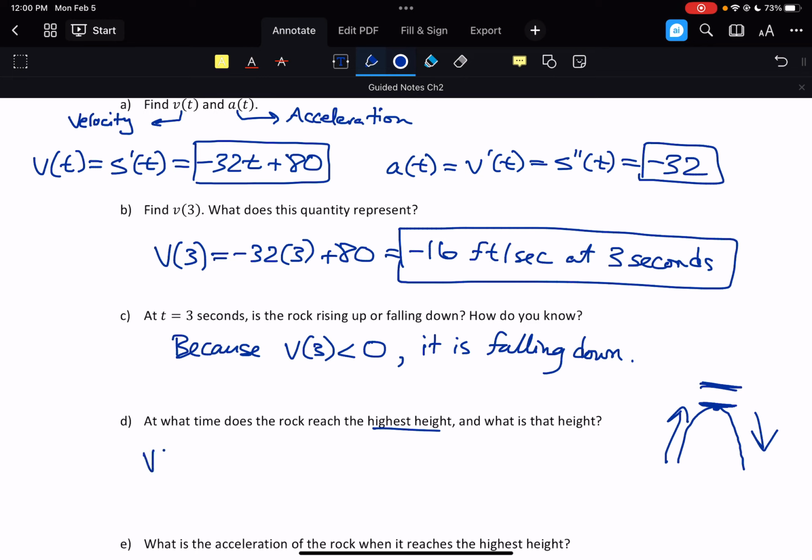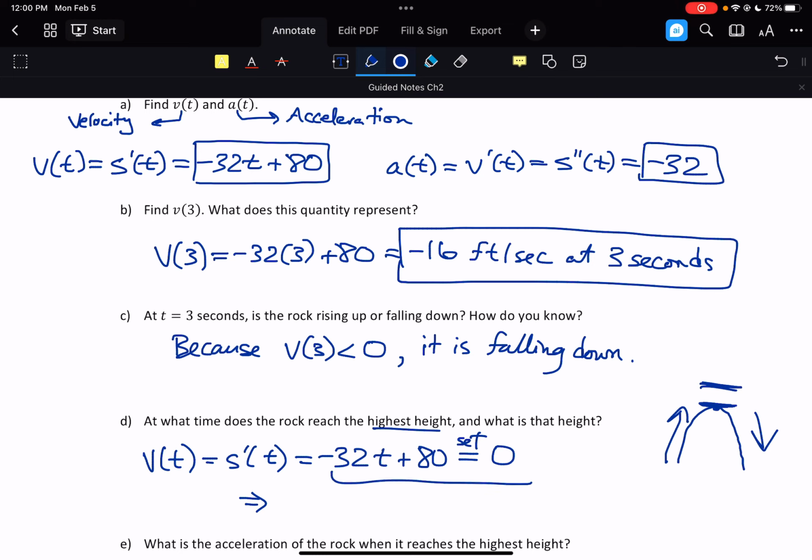So this is where v of t, which again is s prime of t, negative 32t plus 80, we set that equal to 0. Solve this for t, and that ends up being t equals 5/2, or 2.5 seconds.